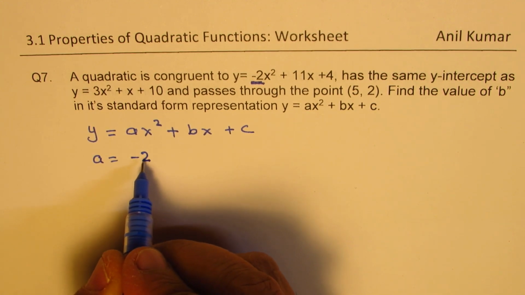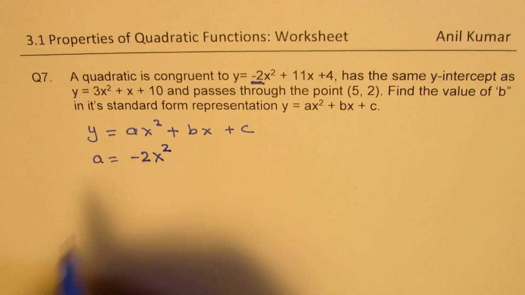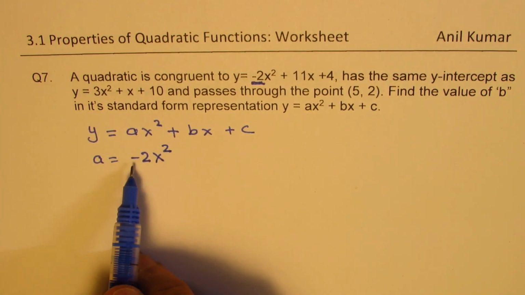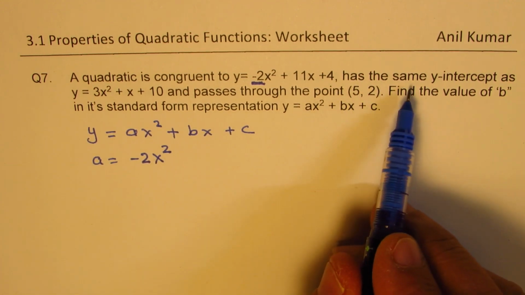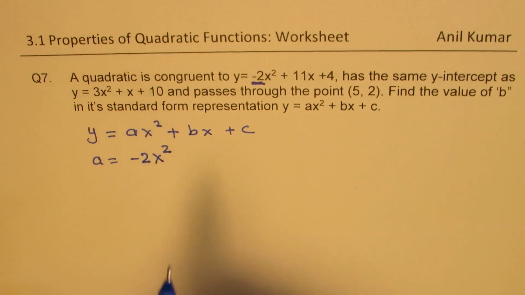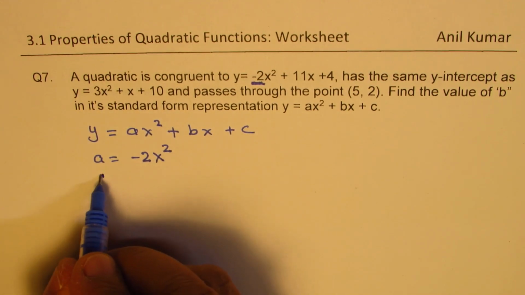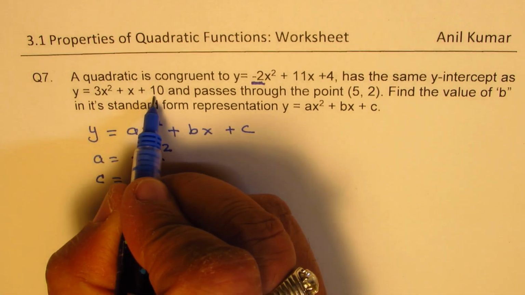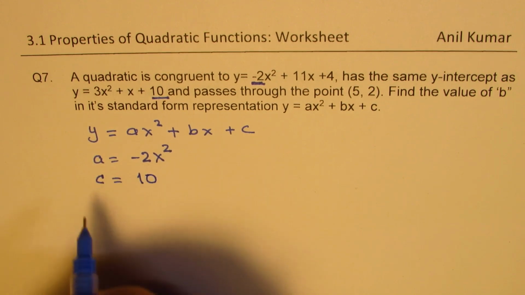It could be plus 2 also, so we have the first part, which is minus 2x squared. It could be plus 2x squared also. Now it has the same y-intercept as the other one. So y-intercept means c, so in this quadratic form, the c value should match 10. 10 is the y-intercept, so c is equal to 10.